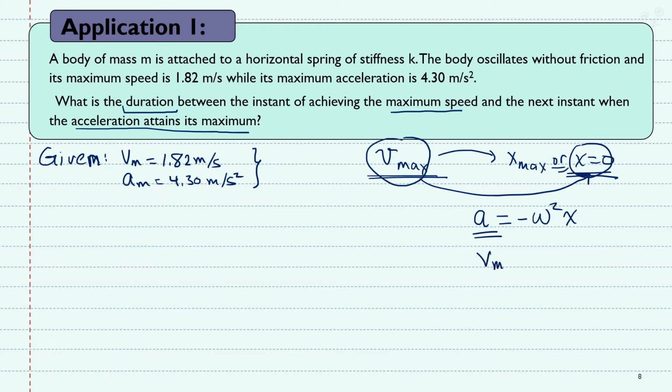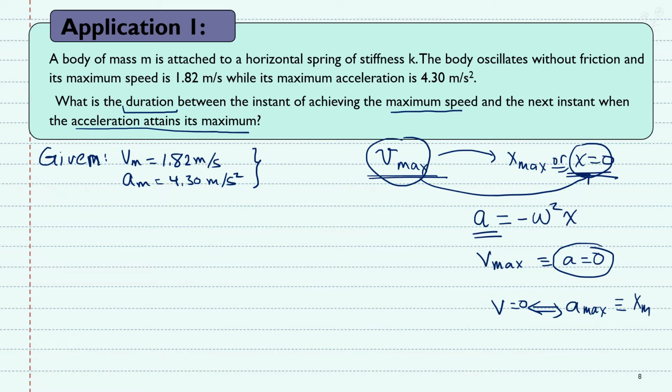Then reaching a max, that is x max, we know that this is equivalent to v being 0. We know from the energy graphs, when kinetic energy is maximum, elastic potential is minimum. That is, when v is max, x is 0 and vice versa.